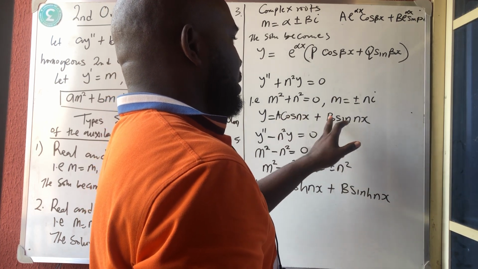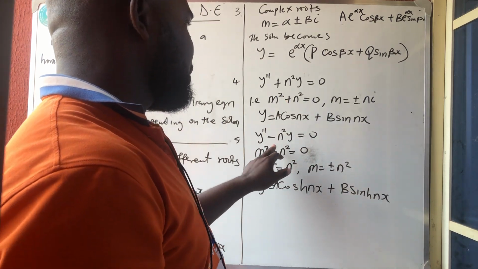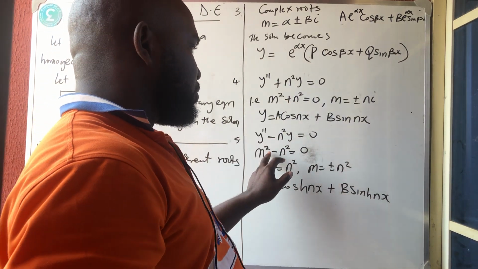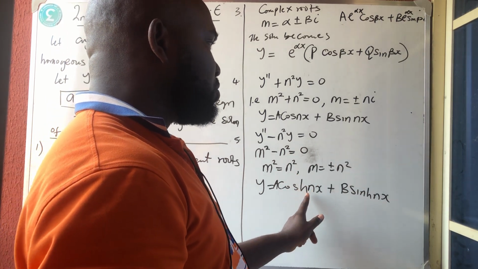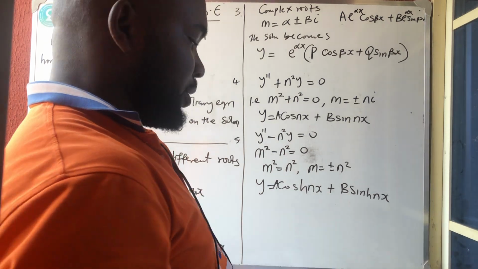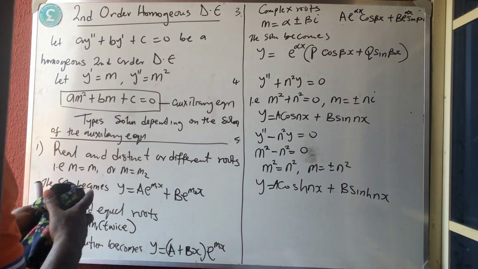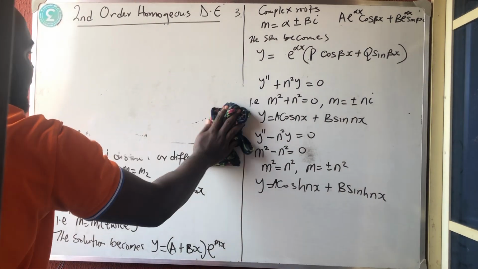A cos this and b sine this. Then in this one now, if here is now minus, you are getting only the real part. You did not get the complex part. The only thing is you are going to use sinh. There will be h in it. Okay, that is that.